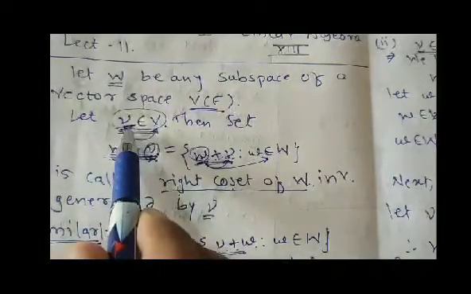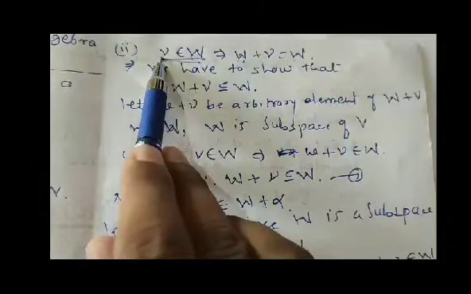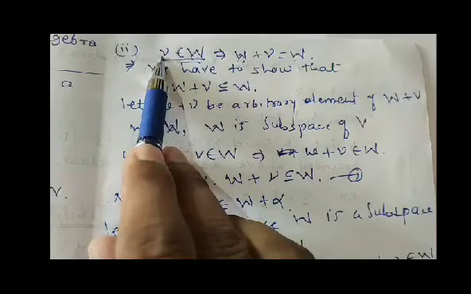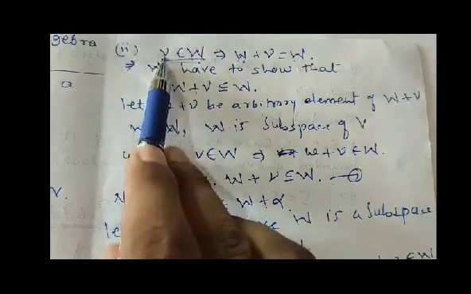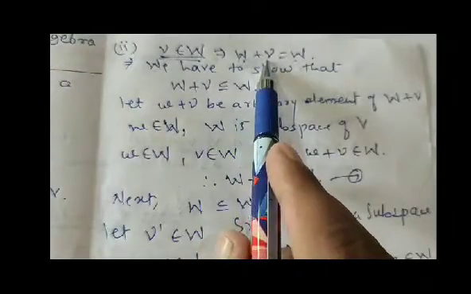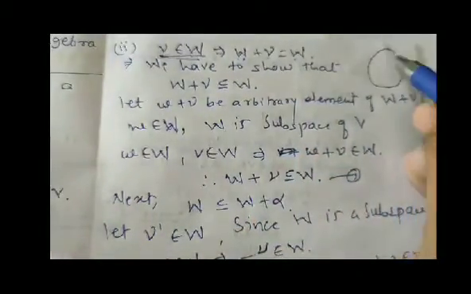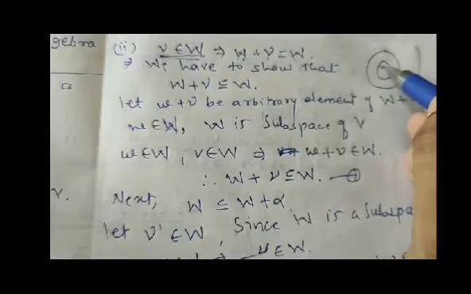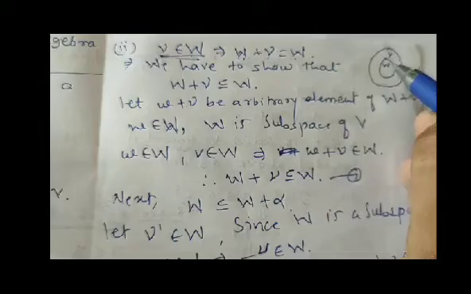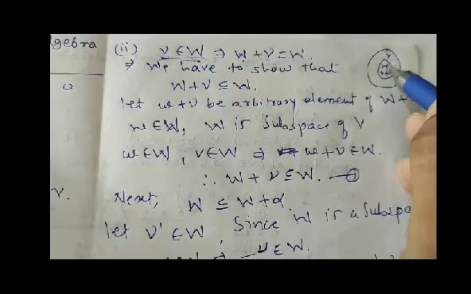But if this nu belongs to W, that means the subspace, and W is a subspace, so this nu also belongs to capital V. No problem, that is the vector space V. So if this nu belongs to capital W, then W plus the element of W is obviously an element of V, because V is a bigger set, and this is W and this is V. If we choose nu belonging to capital W, then we get W itself.